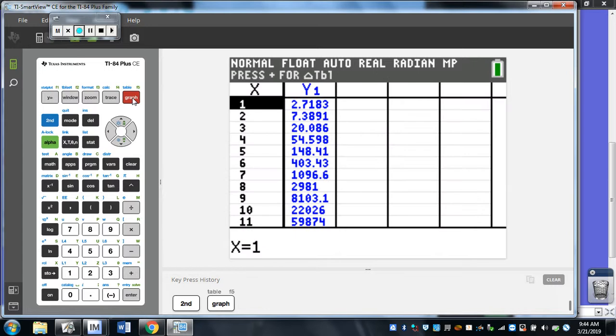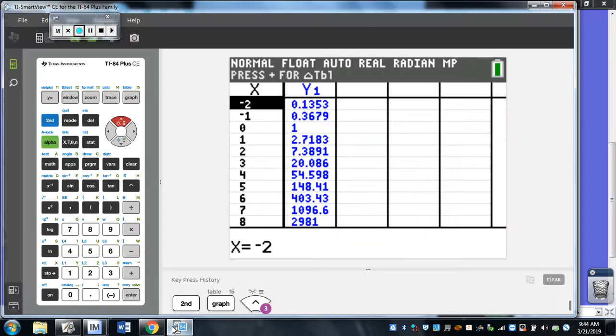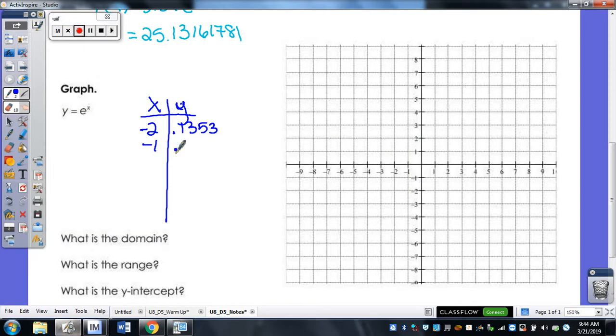So if we take a look at our table, the only problem with this one is we're going to have a whole bunch of decimals, so we're going to do a lot of estimating. So I'm going to start with negative 2, 0.1353, and negative 1, 0.3679. Zero is a nice one at 0, 1, because anything to the 0 power again turns into 1.